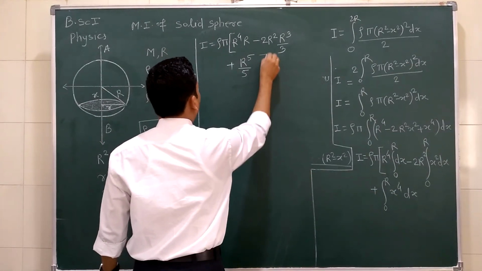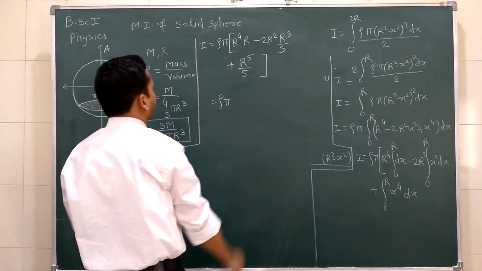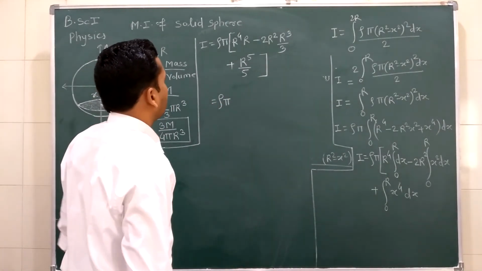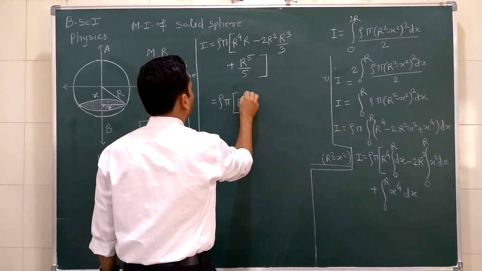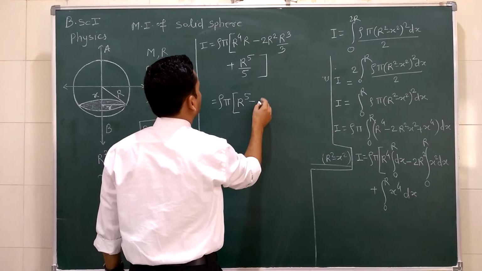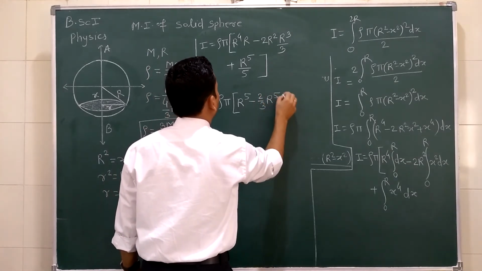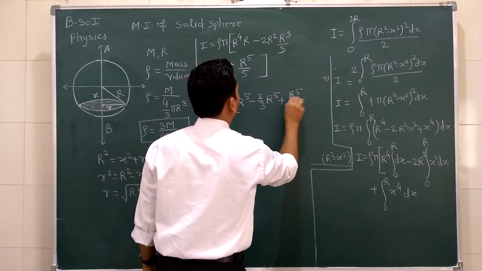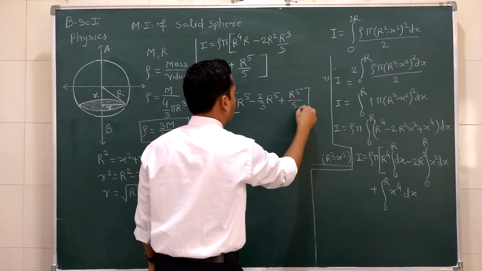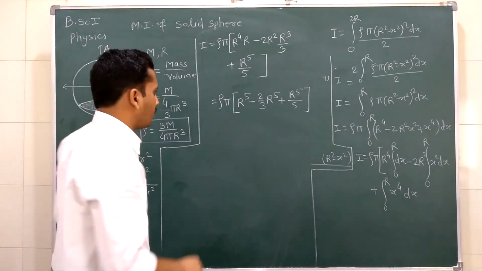So now this is rho multiplied by pi, and what is this? This is nothing but r to the power 5 minus 2 by 3 r to the power 5 plus r to the power 5 divided by 5. As we see from this equation, we can take r to the power 5 common.